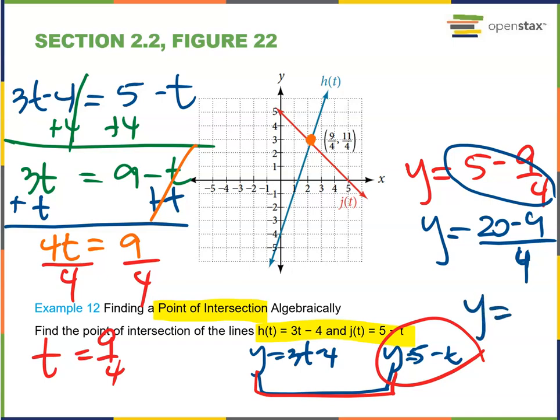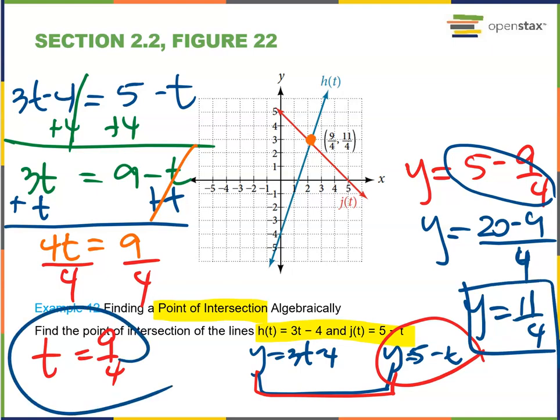So 20 minus 9 is 11/4. So that's why you have that point of intersection. That's how you compute the coordinates of that point of intersection, 9/4 and 11/4.